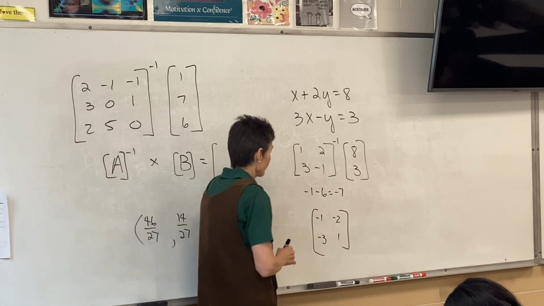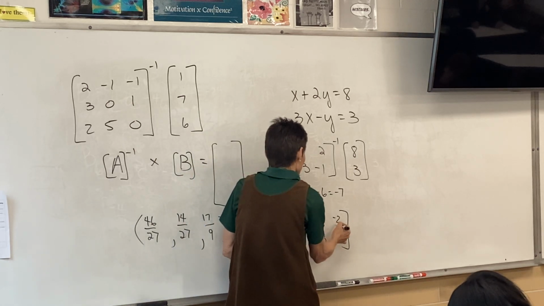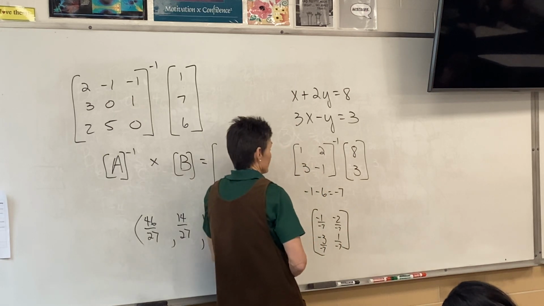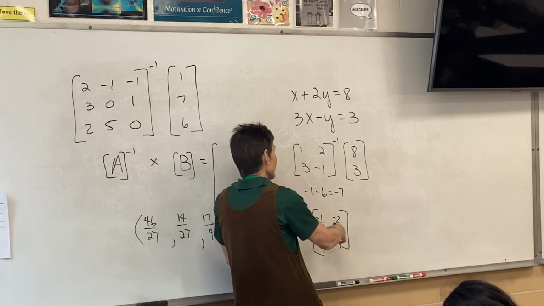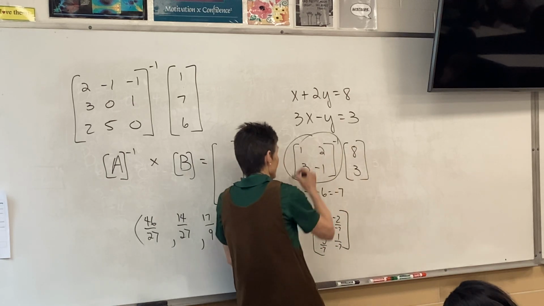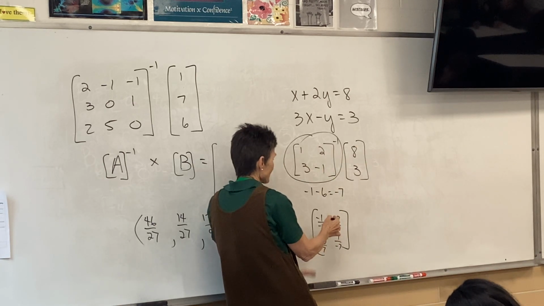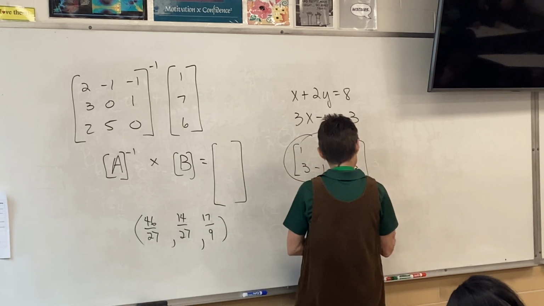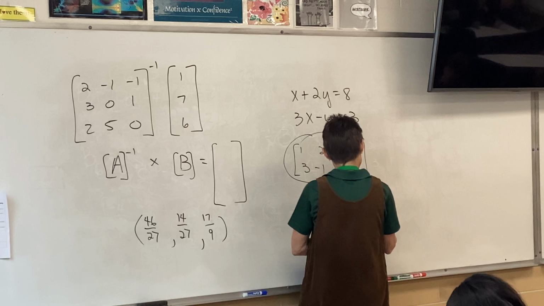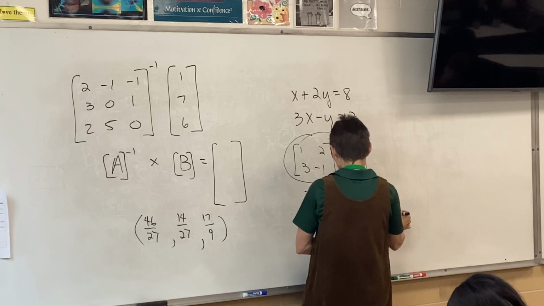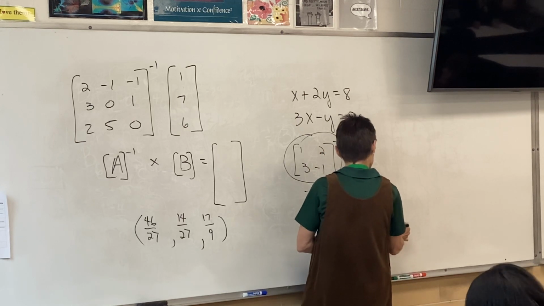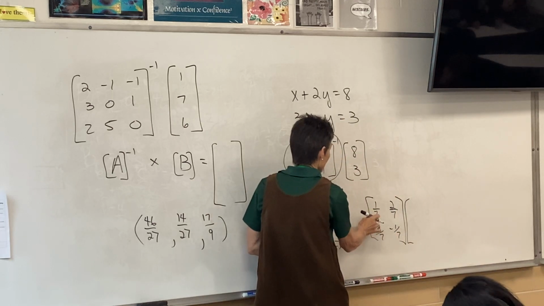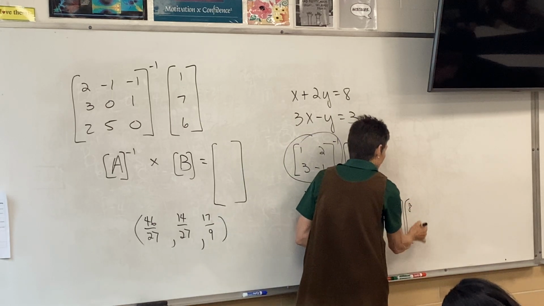Put them all over -7. So that right there, guys, is the inverse. I'm gonna clean it up a little bit. That'll be 1/7, 2/7, 3/7, -1/7. That's the matrix that I'm gonna take times 8/3.